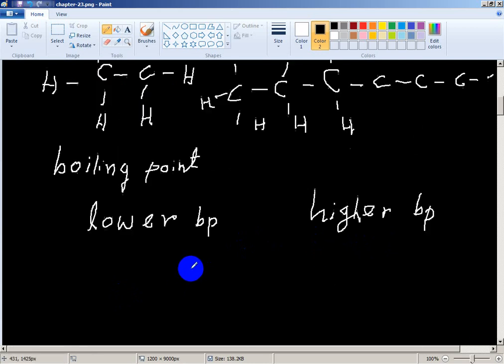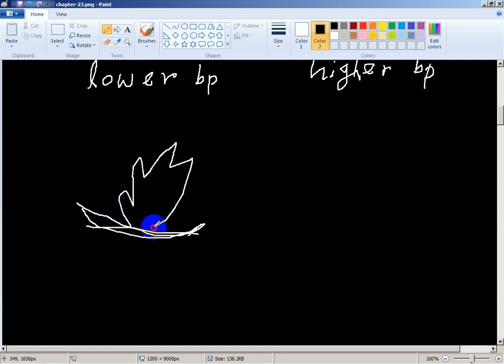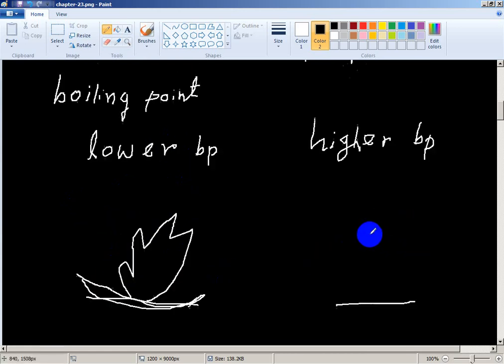Shorter molecules are flammable. If you take methane gas or kerosene, this is flammable. Shorter molecules are more flammable. Longer ones are also flammable but less flammable.